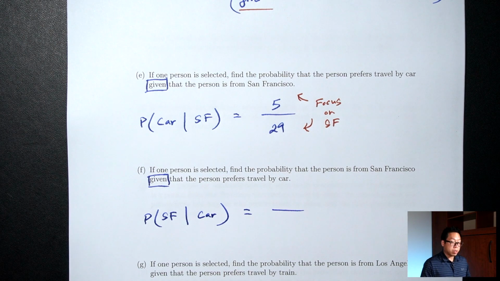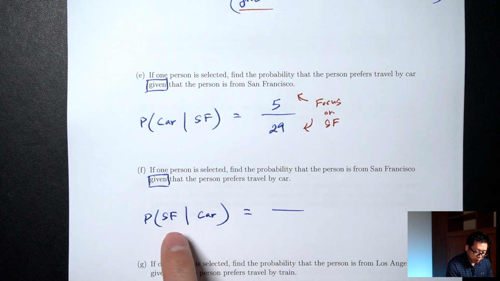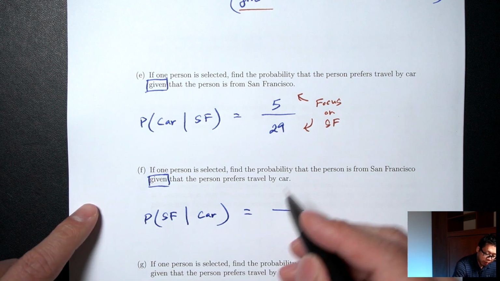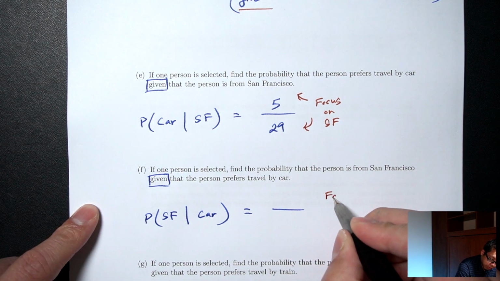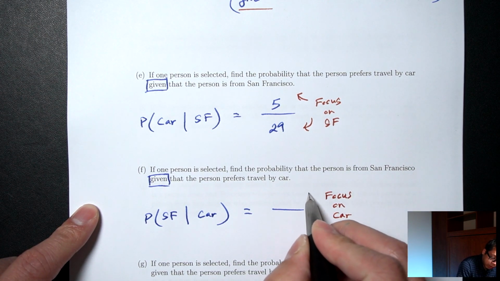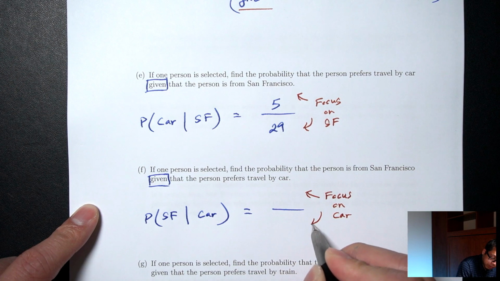Anytime you have conditional probability, you should narrow down your table or just focus on one part of the table. So this one is SF given car, so the given part, which is the second part, is telling me to focus just on the car numbers for the top and the bottom of my fraction.